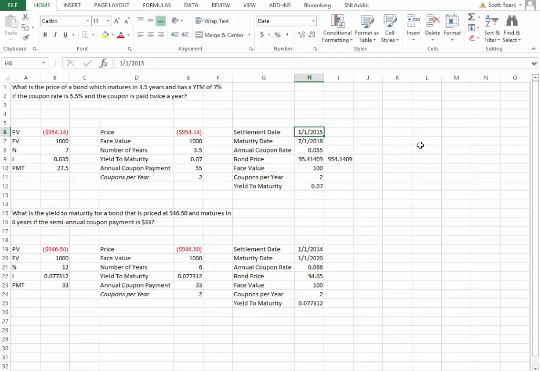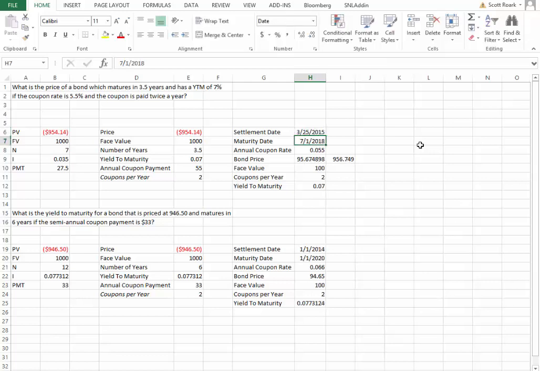So for instance, let's say I bought this bond in the middle of March 2015, and I'm going to redeem it at maturity. So now my price has changed to reflect the fact that I'm closer to a coupon payment, I'm closer to maturity, and it's a little bit more robust from a pricing standpoint than our simple models over here.